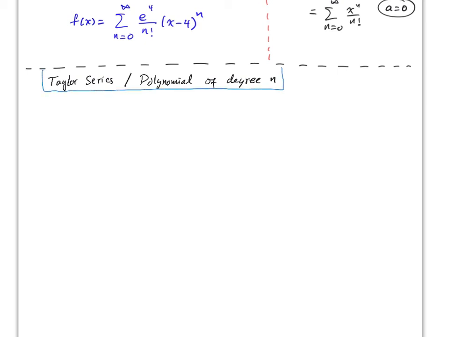So going back to e to the x, remember e to the x was equal to 1 plus x plus x squared over 2 factorial plus x cubed over 3 factorial plus x to the 4 over 4 factorial, and so forth. So this is the series, because this is the sum from n equals 0 to infinity of x to the n over n factorial. Therefore, this is a Taylor or Maclaurin series.